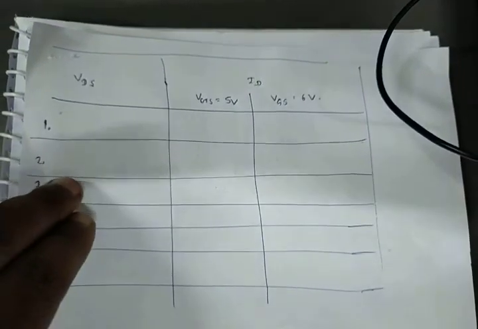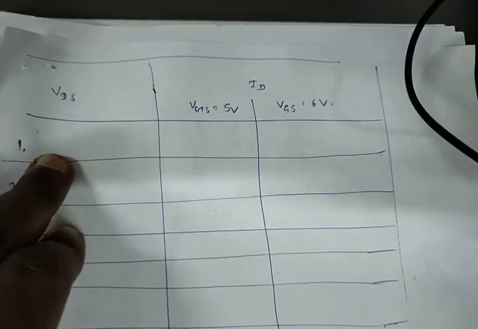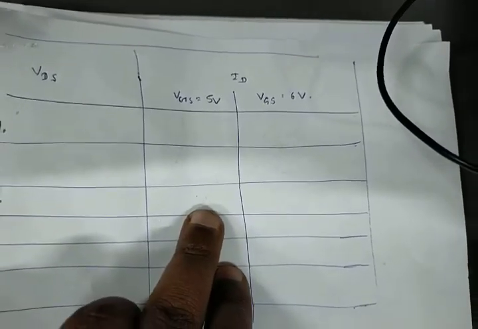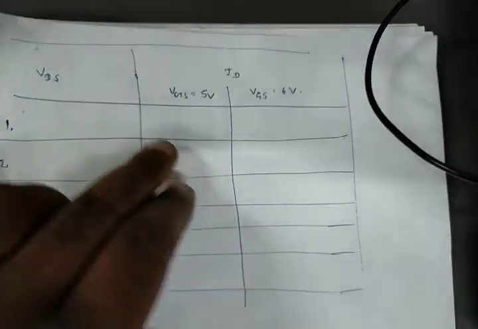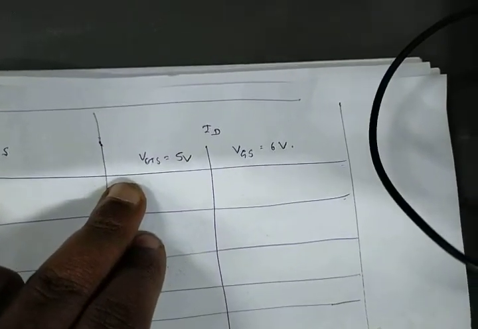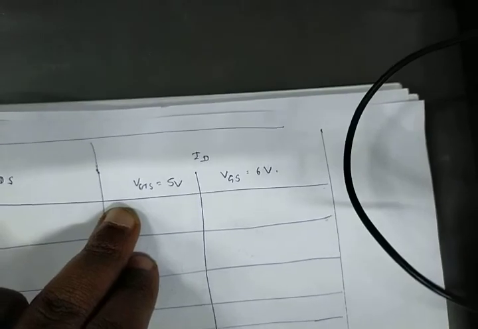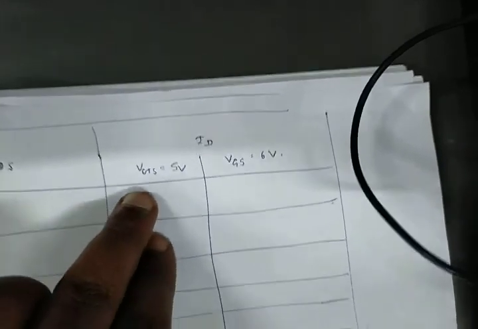Here we will note down the VDS and corresponding currents at constant VGS equal to 5 volt. We will note down here.